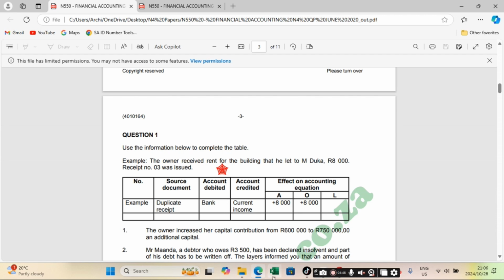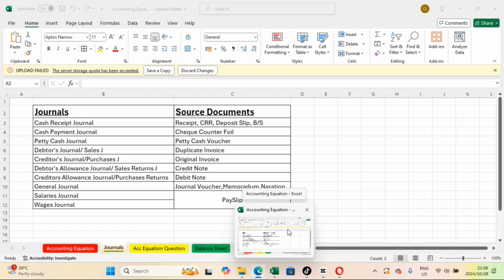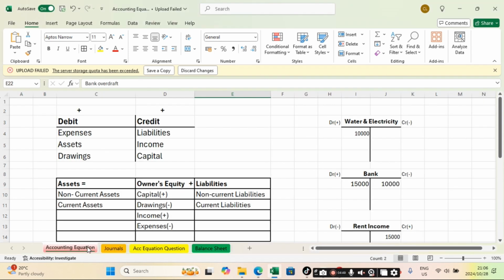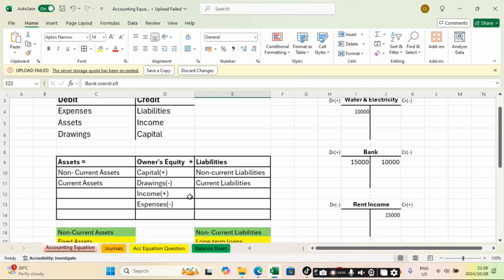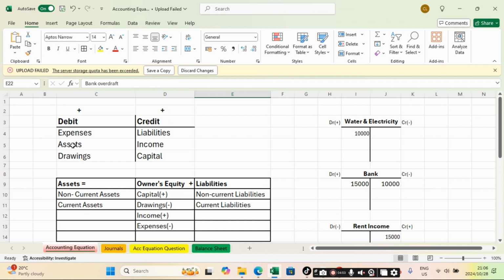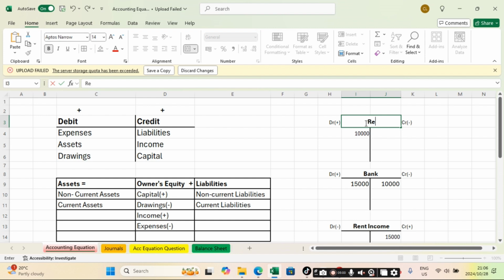So let's go back to our information, where we have our accounting equation. The bank will be affected, and here's our bank. Our rent income will also be affected.